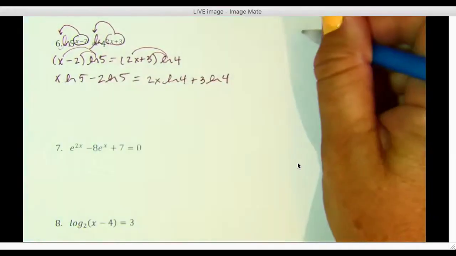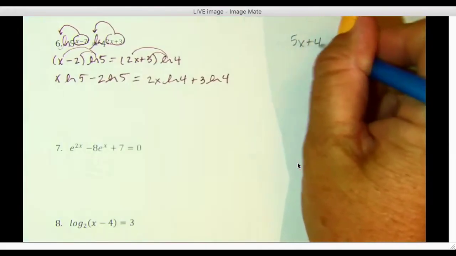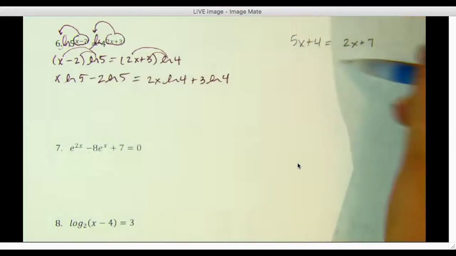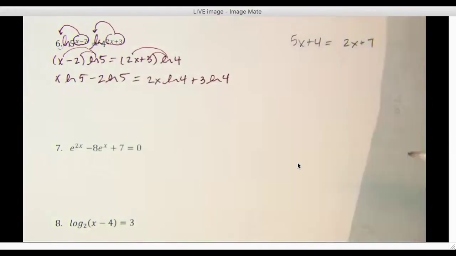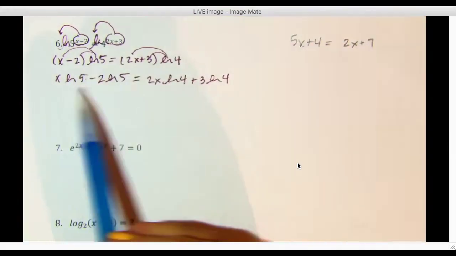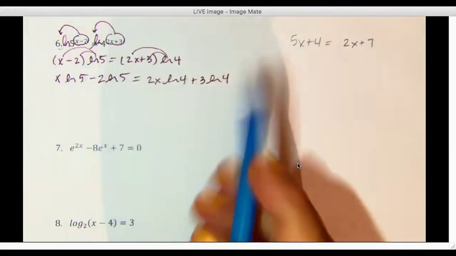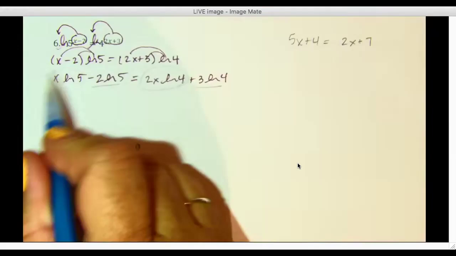So if I had an equation, let's say something like 5x plus 4 equals 2x plus 7, I would try to get all the numbers on one side and all the x's on the other side. But that's exactly what I have here. I have a term with an x and another term with an x and a term that's a number and another term that's a number. So these two don't have an x. These two terms have an x.